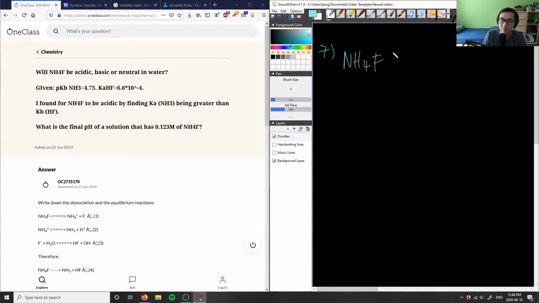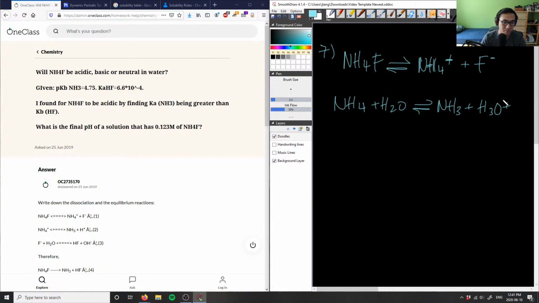So NH4F is going to dissociate into NH4 plus and F minus here. And then what's also in equilibrium is this NH4, right? Because if I add H2O, because it's in water, it's going to be in equilibrium with NH3 plus H3O plus. And that's very important as well, and that's what they're doing here.